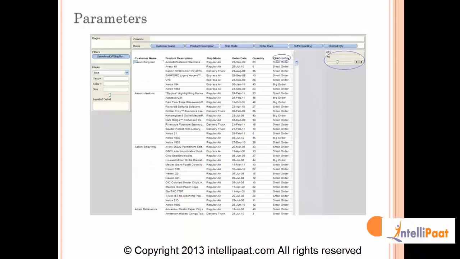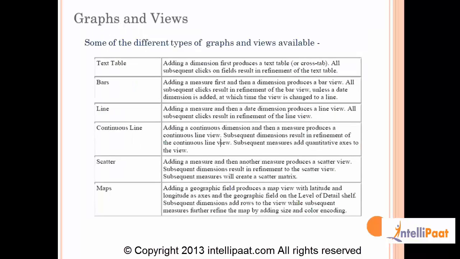We could use them as an input, where the user can give us inputs and change certain things in the view, and the report changes accordingly. Or we could use it as a drop-down filter, and I explained how it is different from a regular filter, in which scenarios we could go for parameters as filters, and in which scenarios it is better to stick with regular filters. So that was what we spoke about in the last class.